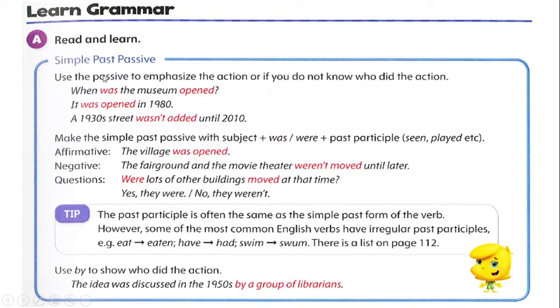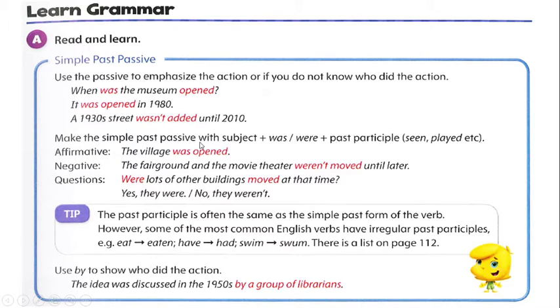So read and learn. Simple past passive. Use the passive to emphasize the action, or if you do not know who did the action. When was this museum opened? It was opened in 1980. A 1930s street wasn't added until 2010.